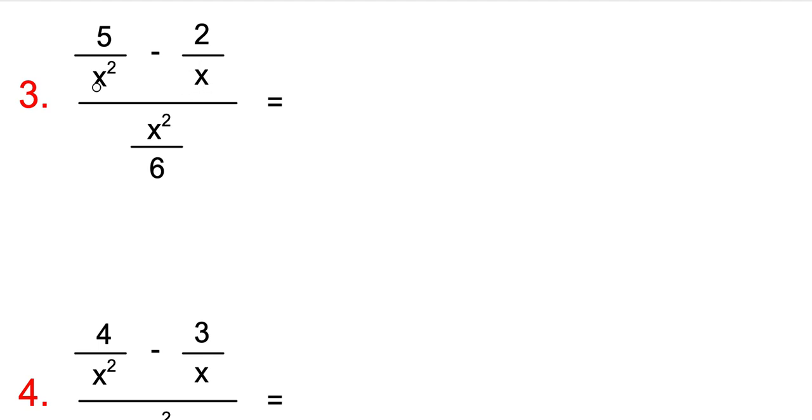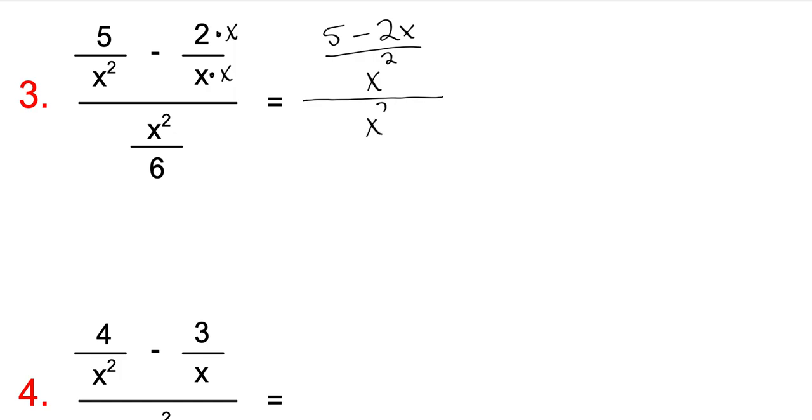Well, since this is x squared and we have only an x here, I'm going to have to put another x on this one. All right, so this would be x on the bottom, x on the top, and then we're going to rewrite that after we combine it. So we'd have 5 minus 2x on top, and then we'll have an x squared in the denominator. So that's my top fraction.